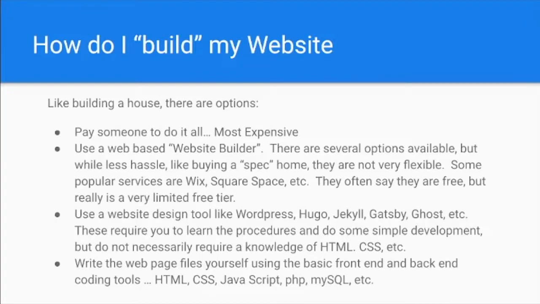And then the final one, of course, is you can do it yourself. But to do it yourself, you have to be able to write the code. Basically, there are three. For the front end, what you see, there's HTML, CSS, and JavaScript. Those are the three that are used to display the page.